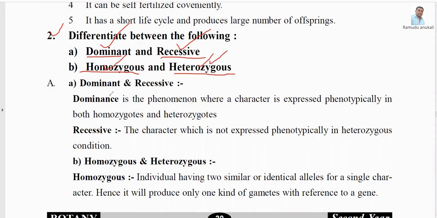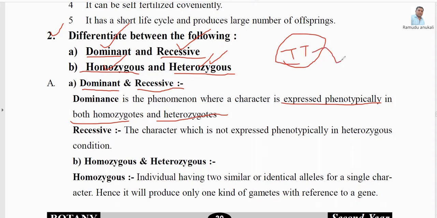Now let us define dominant and recessive. Dominant is the phenomenon where a characteristic is expressed phenotypically in both homozygous and heterozygous conditions. For example, capital T, the parent in which both are dominant genes.